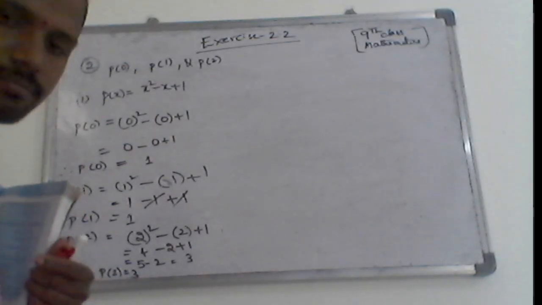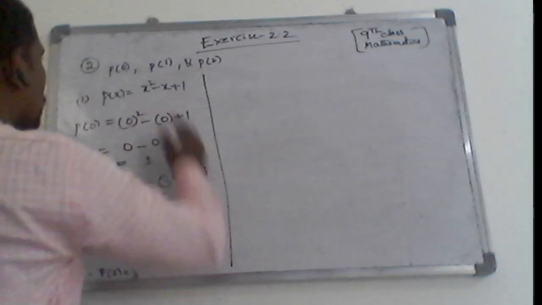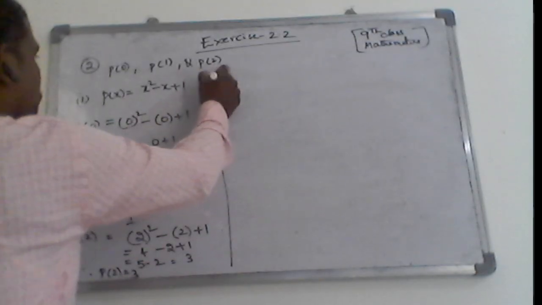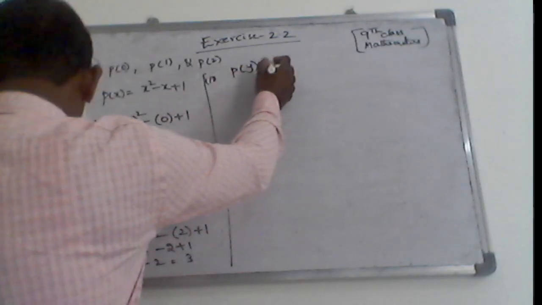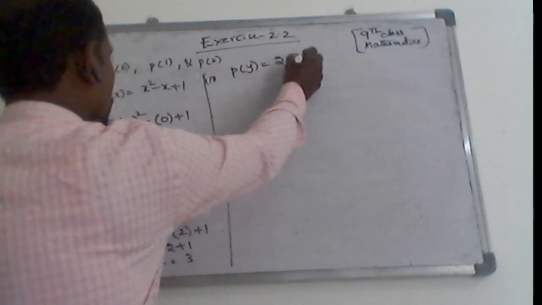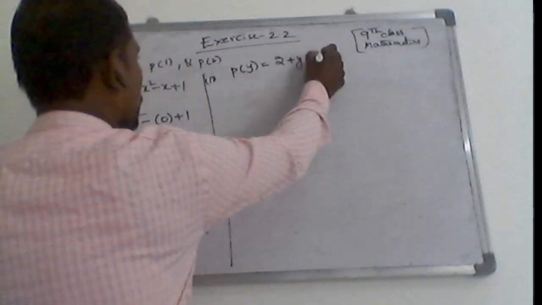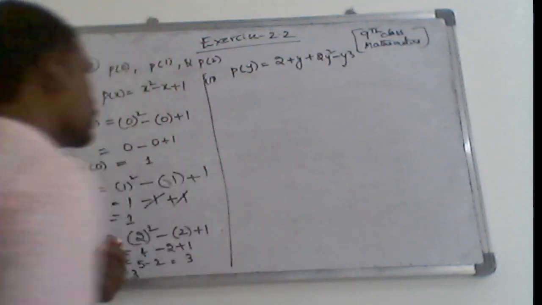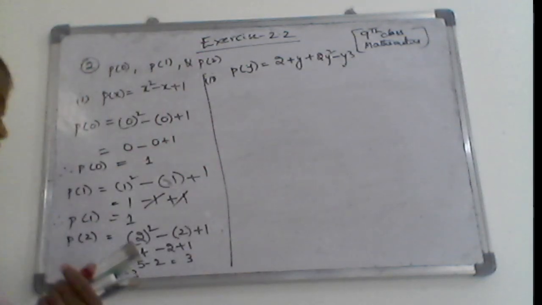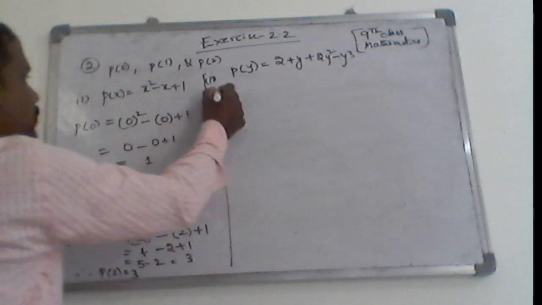So next one, question number 2, second bit. P of y equal to 2 plus y plus 2y square minus y cube. So substitute this value.